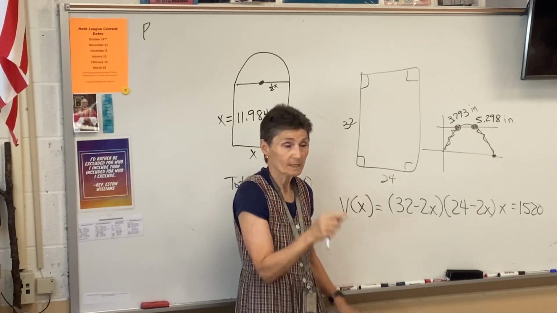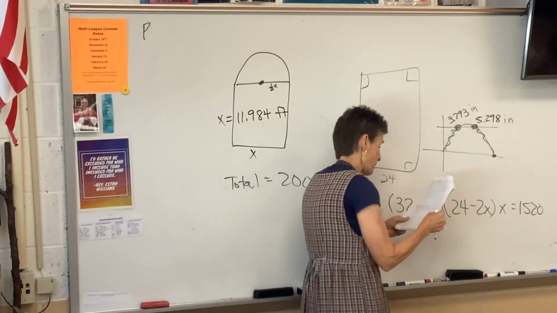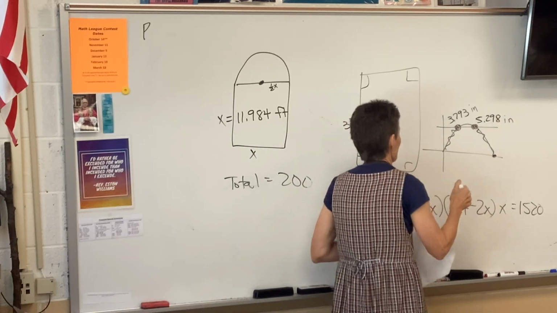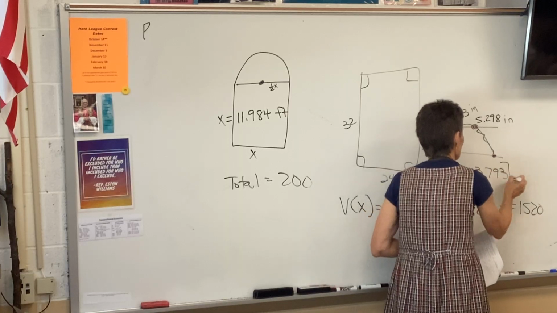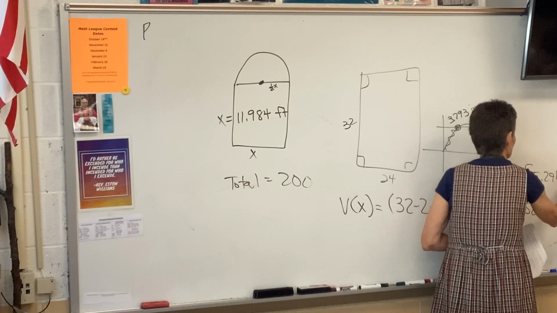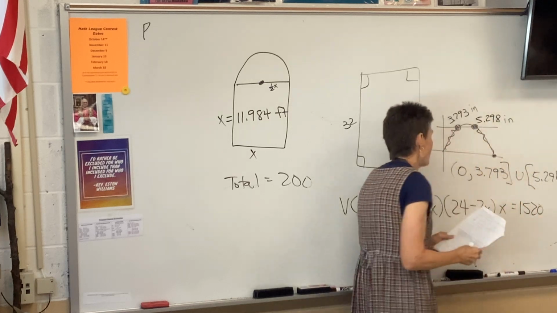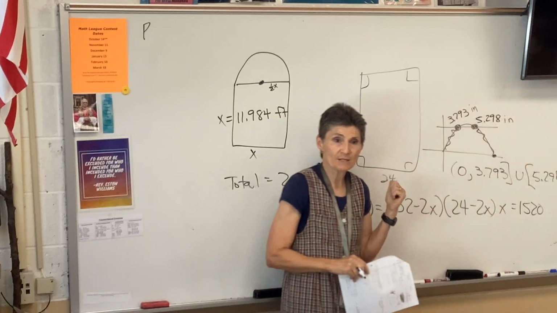Here x is 0. Here x is 12. So that would be, the question was no more than, so 0, 3.793, or 5.298.